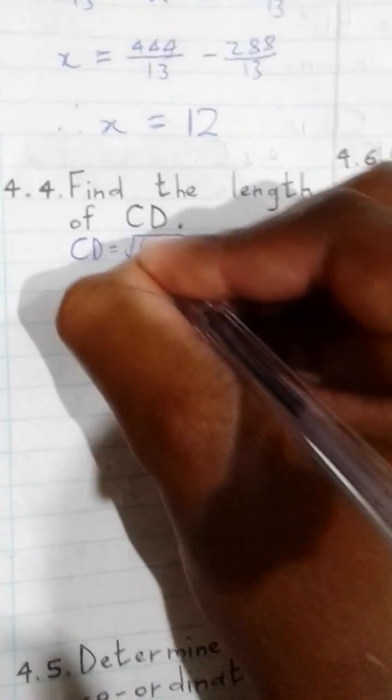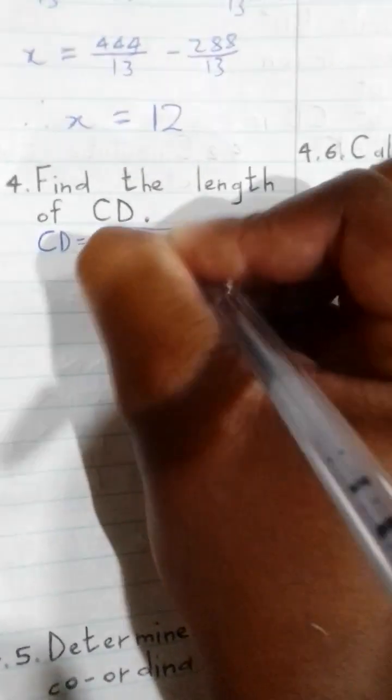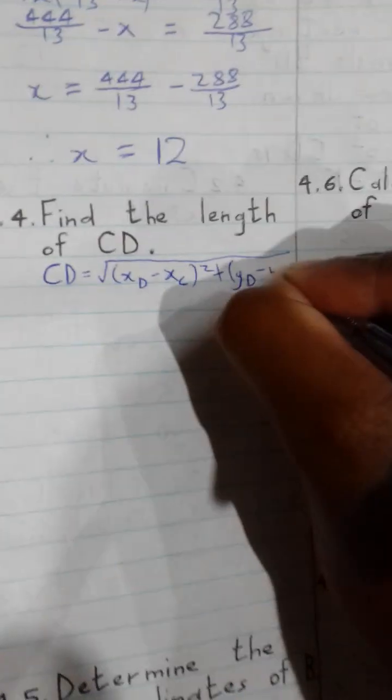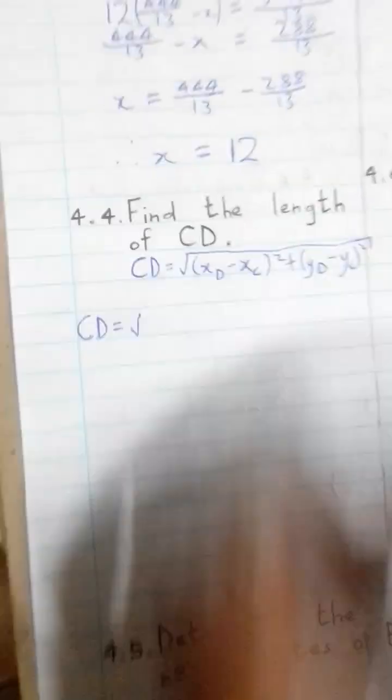Square root of (xd minus xc) squared plus (yd minus yc) squared. To make it clearer, what is x of d?